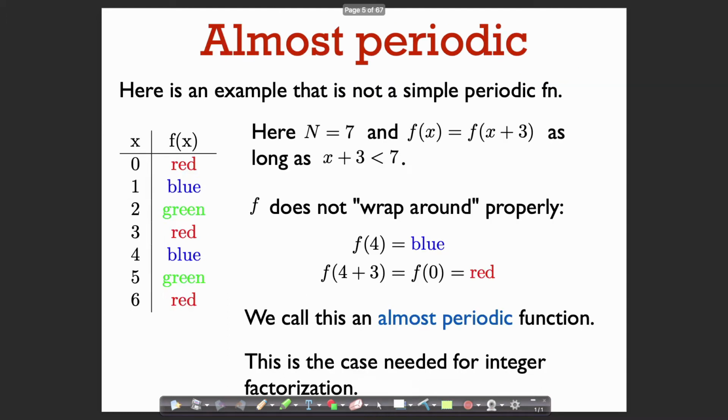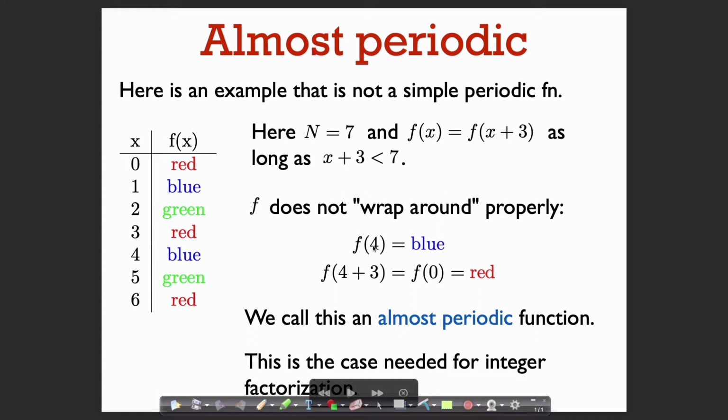Okay, let's also look at a non-example to give us a feel for what being a simple periodic function means. So in this case, s is still 3, but n is 7. Okay, so we don't have that s divides n. So the function again is red, blue, green, and then red. So you see that now because s does not divide n, f does not wrap around properly, right?